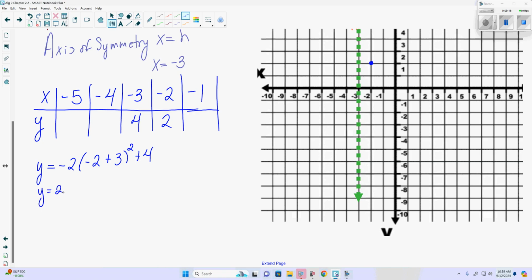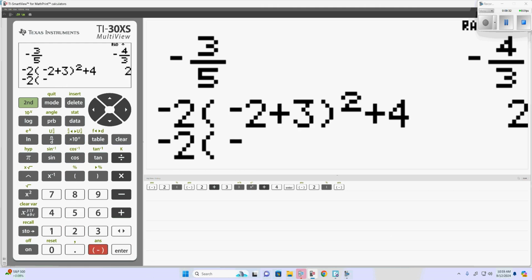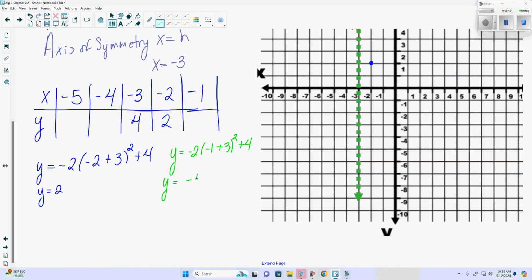Then we can repeat this process, but instead of an x value of -2, we have an x value of -1. Say -2 parentheses -1 plus 3 squared plus 4 is 4.